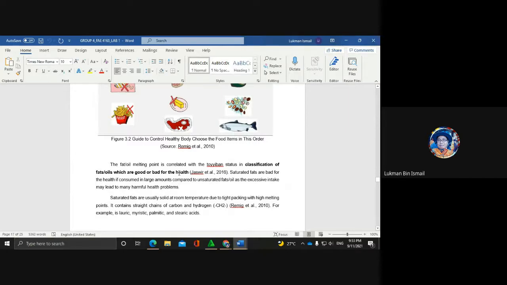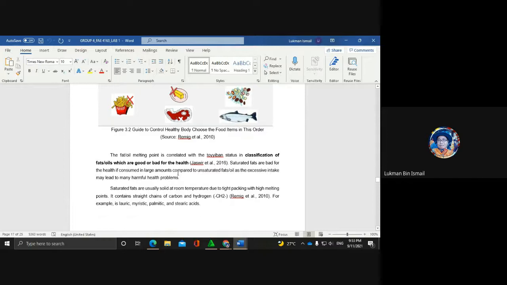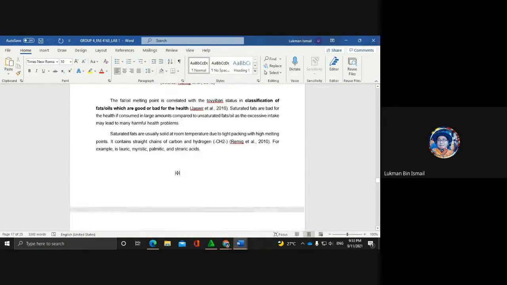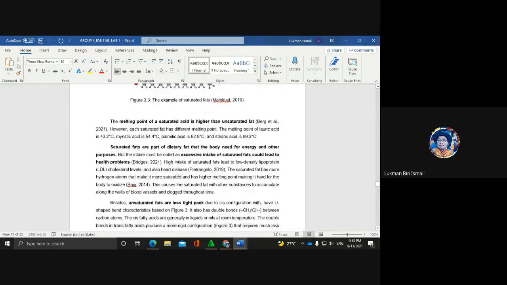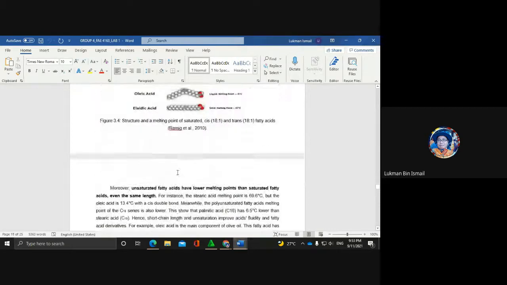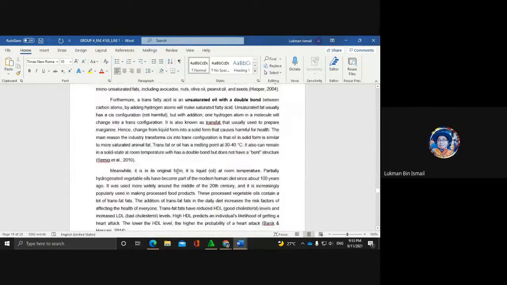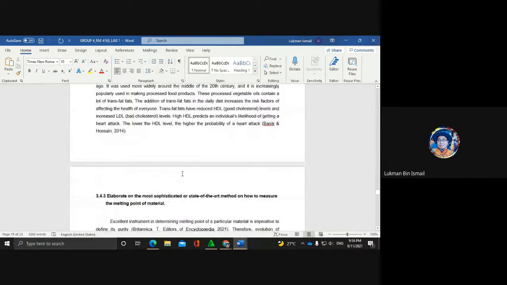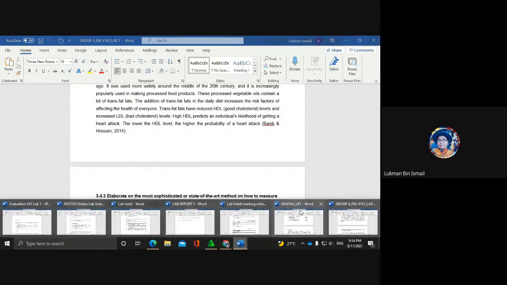So saturated fat must be higher melting point kan. So you must put the example. Oh, okay, you have the example. Okay, all right. Too long actually, the answer. Too long. Too much effort.